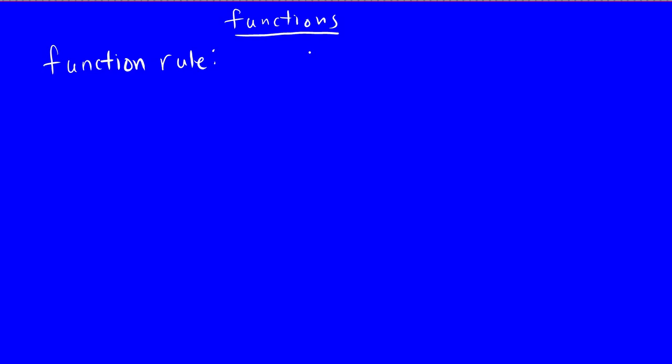So let's talk a little bit about using function notation, and we're going to start out with what we call the function rule in an equation. So the function rule is an equation, and that equation will represent an output value in terms of an input value.